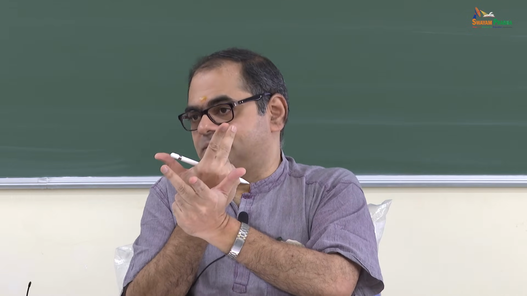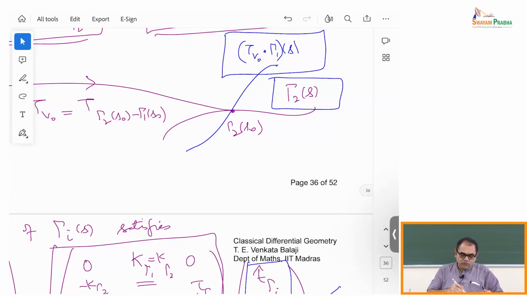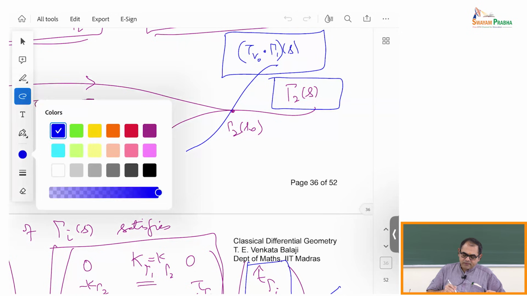So what happens is that at the point gamma 2 s naught where these two curves intersect, you have two Frenet-Serret frames, and both are orthonormal right-handed frames, and there is a rotation that takes one to the other. So you apply that rotation. You do this extra thing to make the initial conditions the same. So let me write it here.